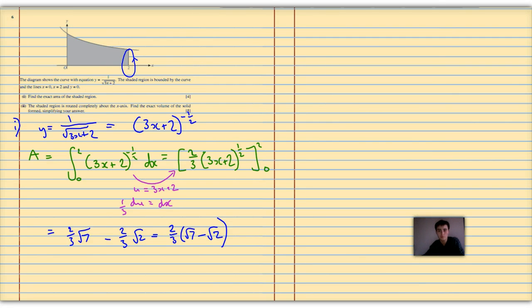Okay. So this is going to be a question which involves solids of revolution. So we're looking at the volume. So the volume is going to be the integral of pi y squared dx between the values of 2 and 0.